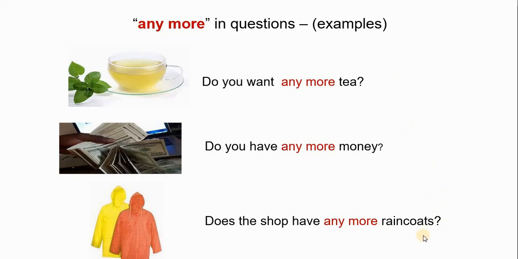So we can use any more with countable nouns. And this is an uncountable noun. In English, money is uncountable. And so we can also use it with an uncountable noun. Do you have any more money?